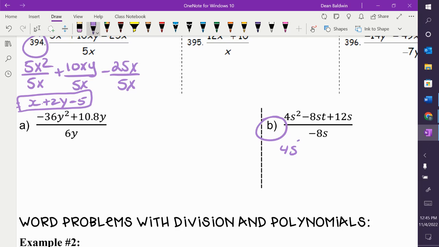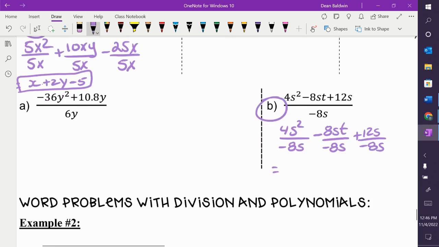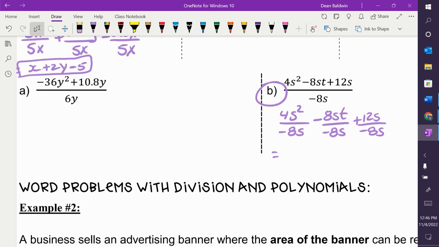So 4s squared divided by negative 8s, minus 8st divided by negative 8s, plus 12s divided by negative 8s. 4 over negative 8.